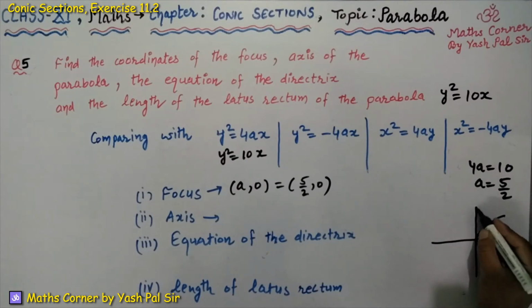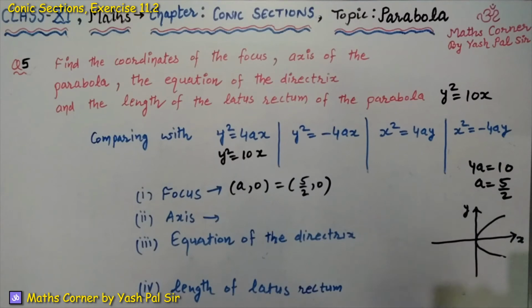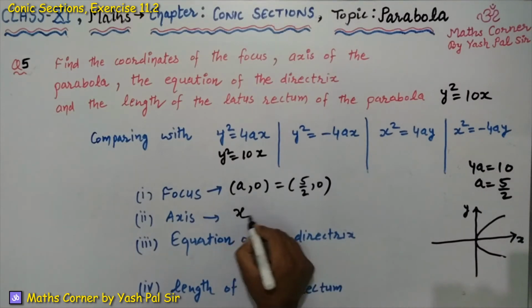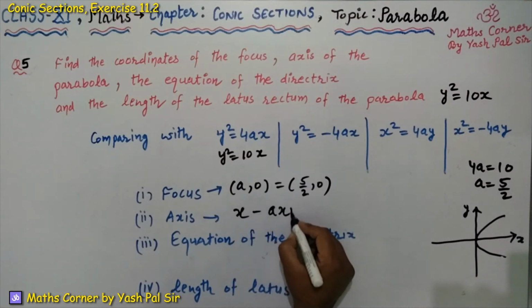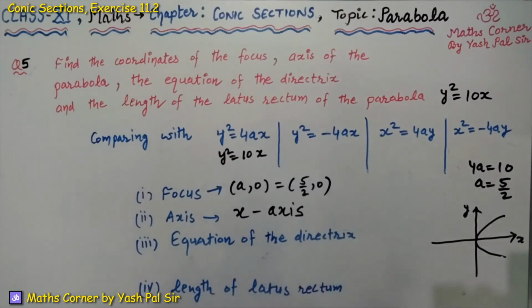Axis: this is the right-handed parabola, so this is symmetrical about x-axis. So we write here x-axis. Equation of the directrix: this is the directrix.